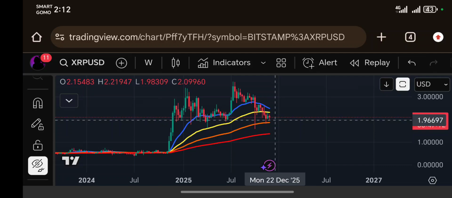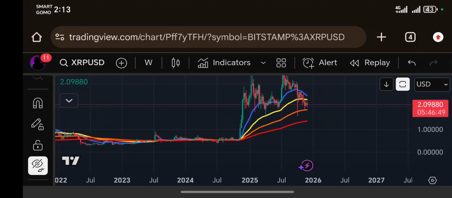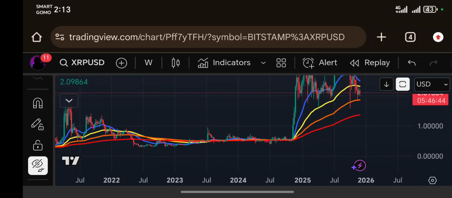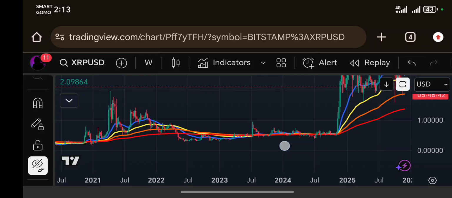So what I was just thinking is that if we hold this and potentially break to the upside, you can expect some 14 to $22 per XRP. But right now I'm going to stay on the realistic side.